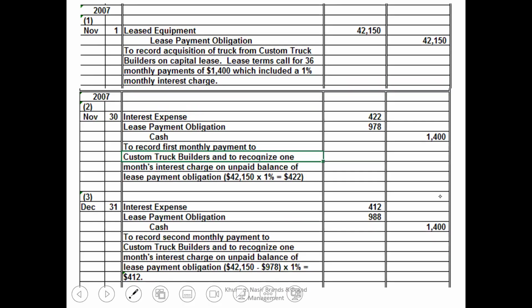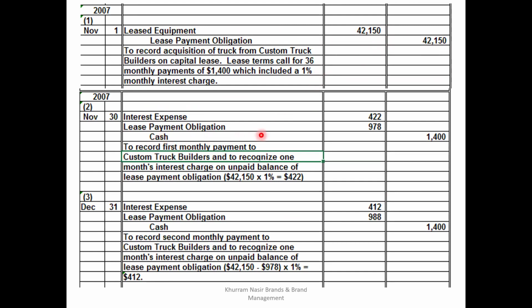The entries which are going to be recorded by the lessee: the equipment will be debited for 42,150, and the lease payment obligation is credited by 42,150.